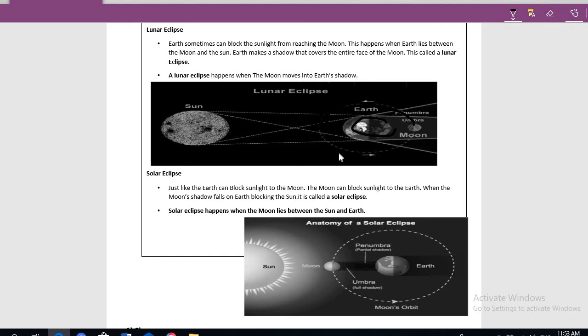This is called a solar eclipse. If the moon is here, it will be a lunar eclipse, while when the moon is between the sun and Earth it is a solar eclipse.